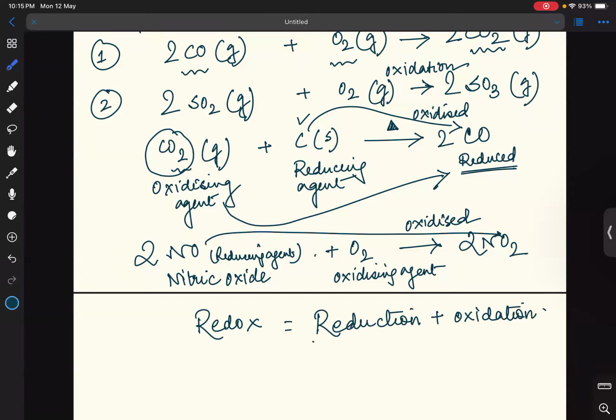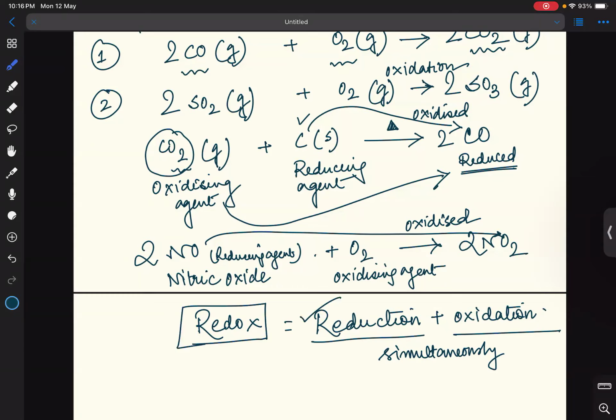Redox reaction is where reduction and oxidation are taking place simultaneously. So redox is a combination of both reduction and oxidation. Reduction means removal of oxygen, addition of hydrogen. Oxidation means addition of oxygen, removal of hydrogen. Okay, this is very much clear.